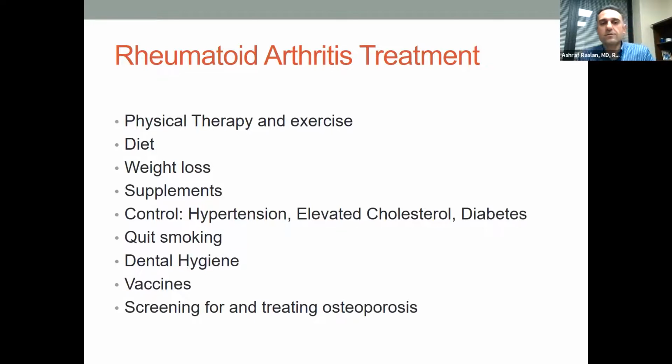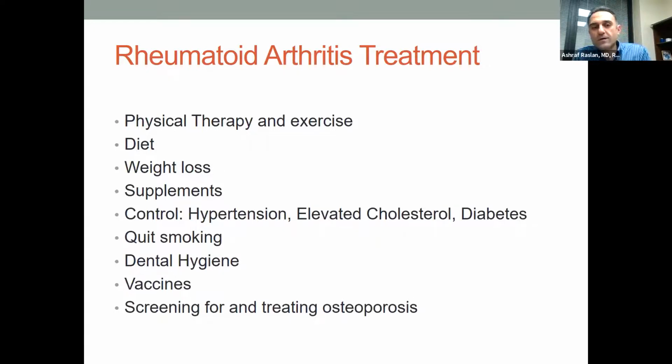The other thing that we talk about is diet. So far there are many theories, and many things on Google about diet and rheumatoid arthritis and anti-inflammatory diets, and unfortunately nothing is proven so far.